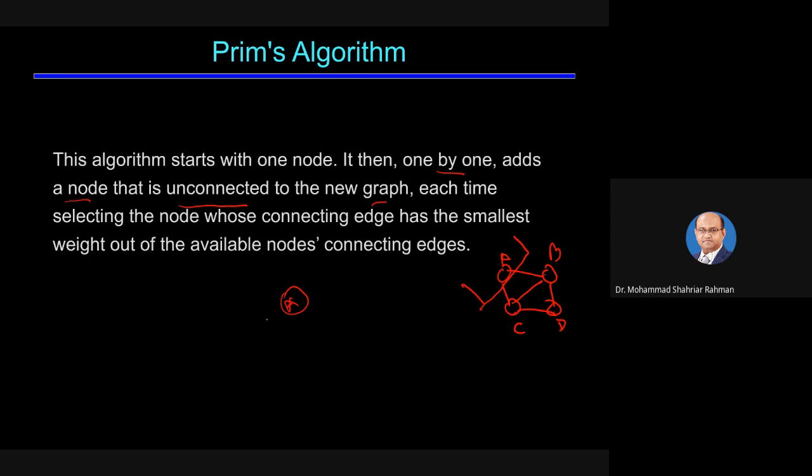A নিয়ে আসলাম and BCD রয়ে গেল, adds a node that is unconnected to the new graph. So right now we have just generated a graph with a single node A. Each time selecting the node whose connecting edge has the smallest weight out of the available nodes connecting edges.